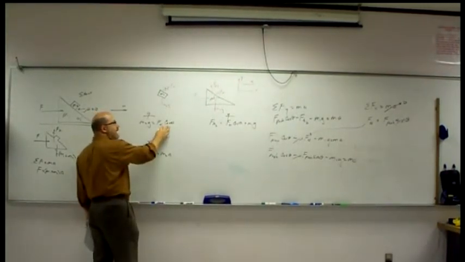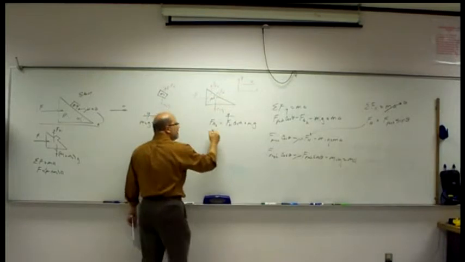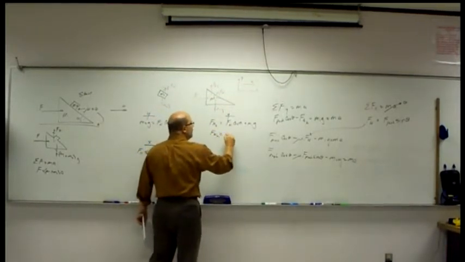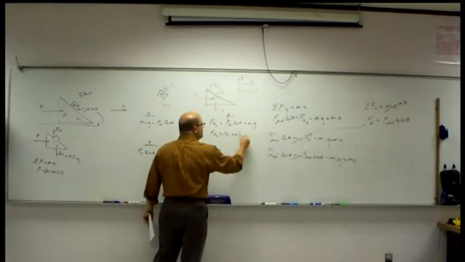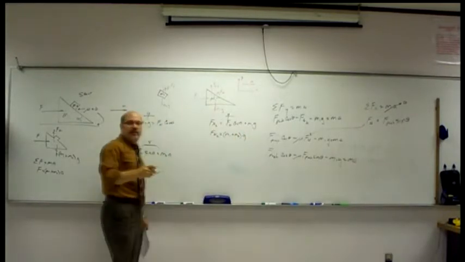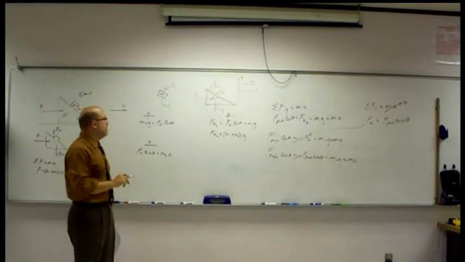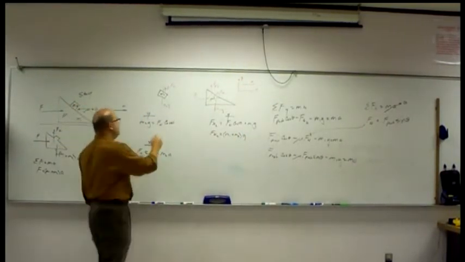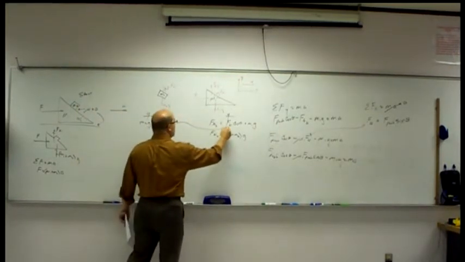By the way, that is equal to this, so the normal force 2 just equals (M1 plus M2)g, which makes sense, right? Yes. That should make sense. Because I substituted this in here.